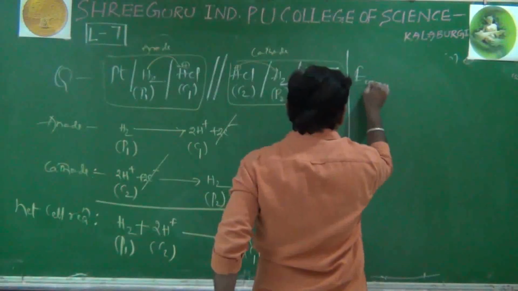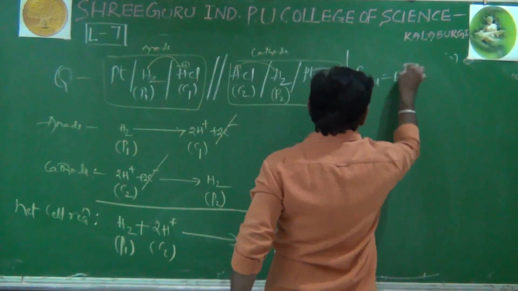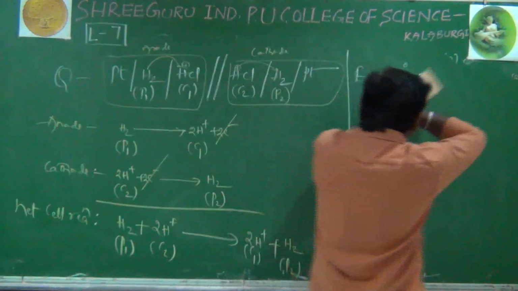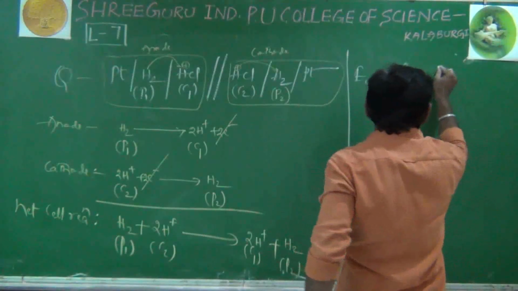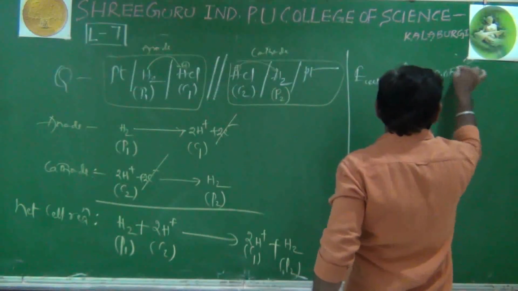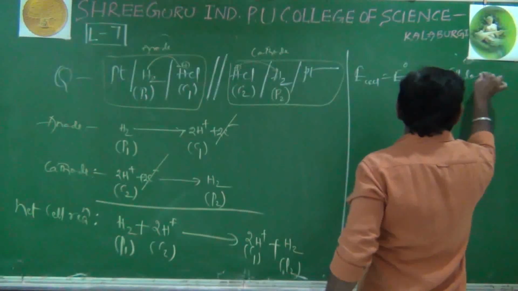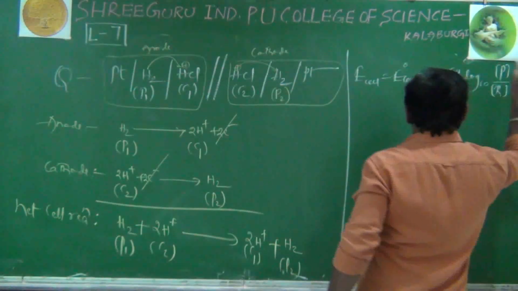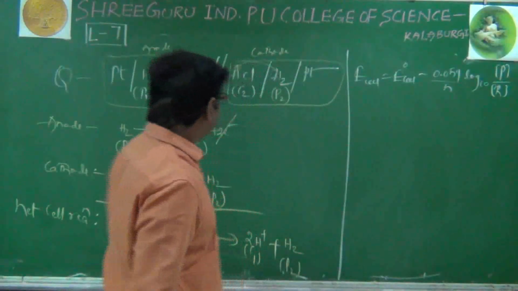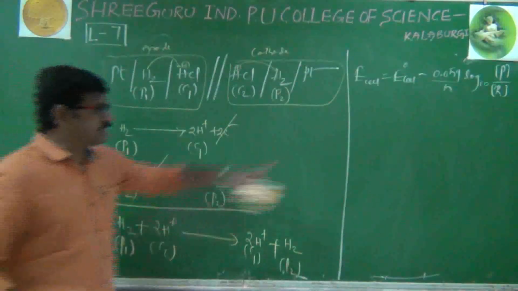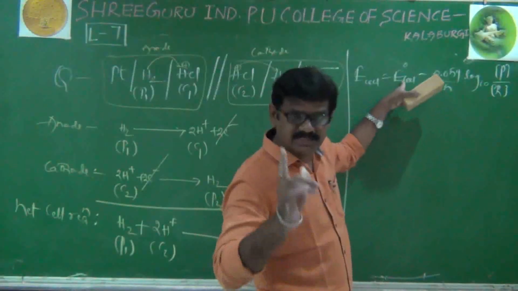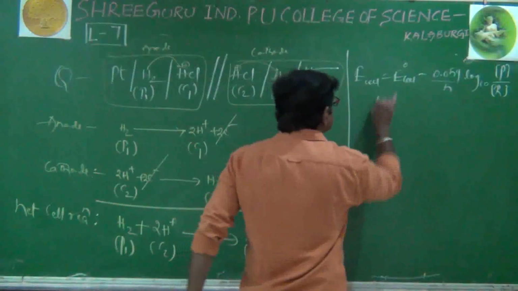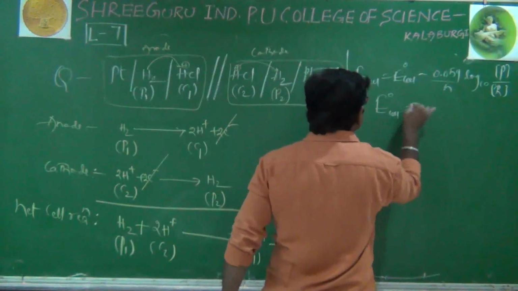E cell is equal to E naught cell minus 0.059 by n log base 10 of product concentration divided by reactant concentration. And already we have discussed in the previous case, the E naught cell value will be 0 for a concentration cell. Therefore, E naught cell is 0, fixed.